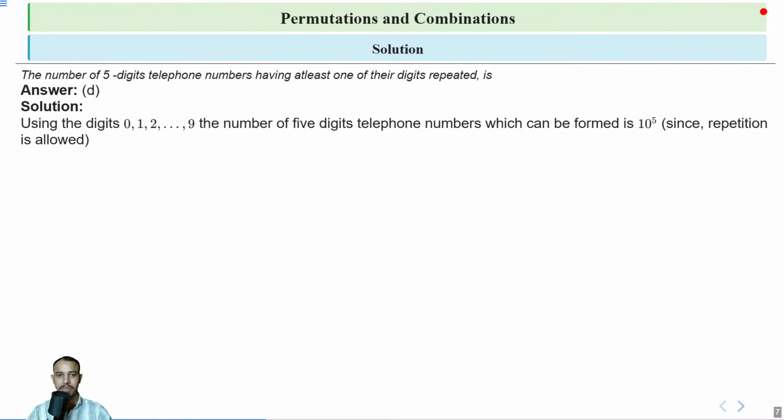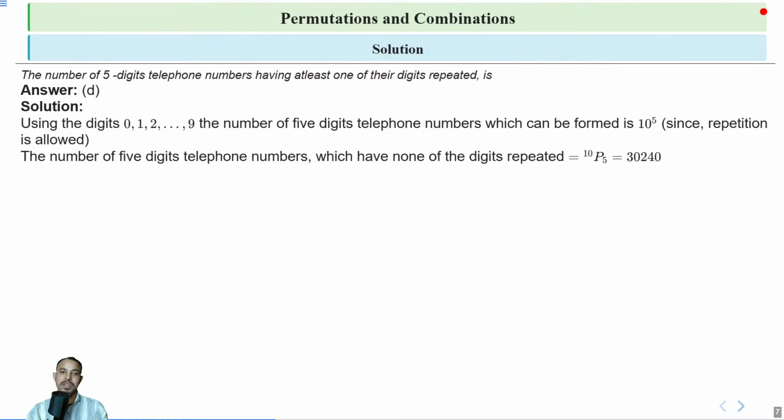First find the number of 5 digit telephone numbers which can be formed using the digits 0 to 9, which is 10 to the power 5. Here repetition is allowed, so you can repeat any digits. So you have 10 to the power 5 five digit telephone numbers. Clear?